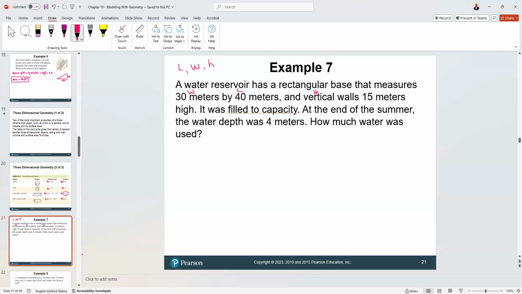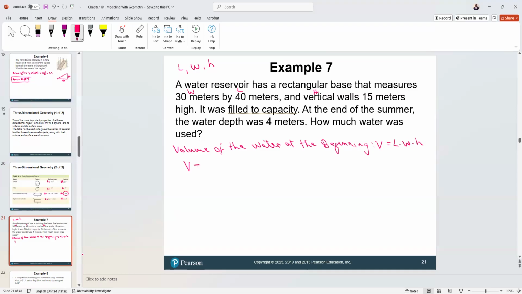First, find the volume of the water at the beginning, which you can do quickly because volume is length times width times height.